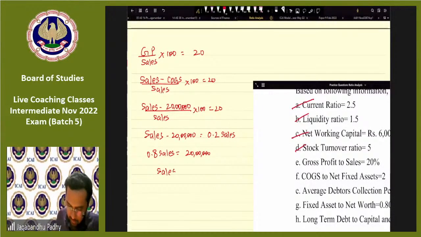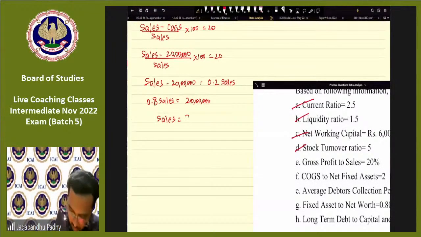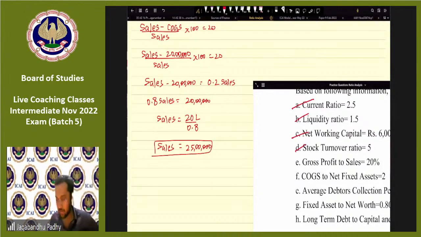We say that sales is 20 lakhs divided by 0.8, which is 25 lakh. We got the sales figure as 25 lakh.